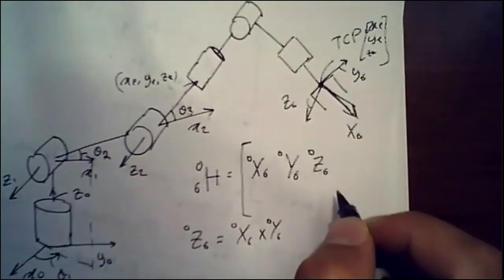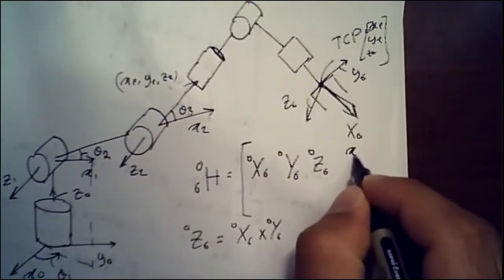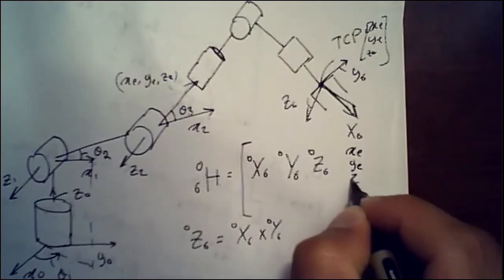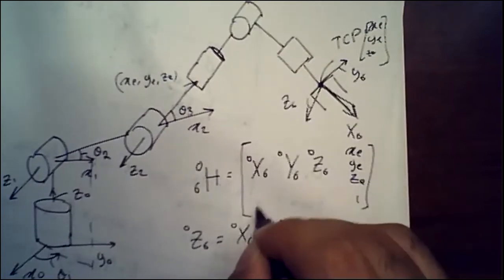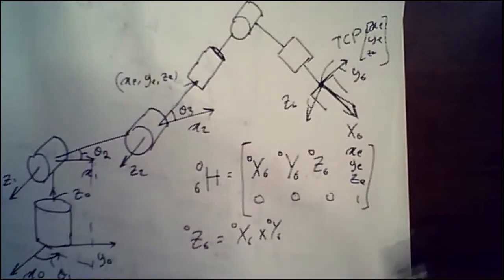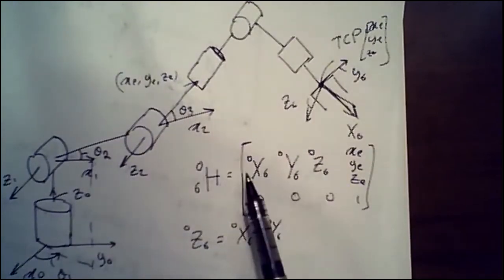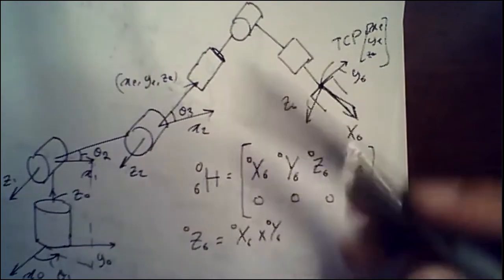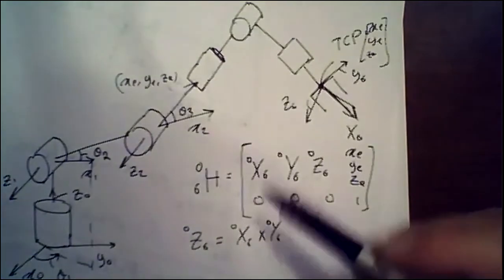And the last column is XE, YE, and then ZE, and remember this one is 1. So every time I'm doing inverse kinematics on a 6-axis robot, I need to present this, this, and that. So here's the trick; this is how we can get to solve this.